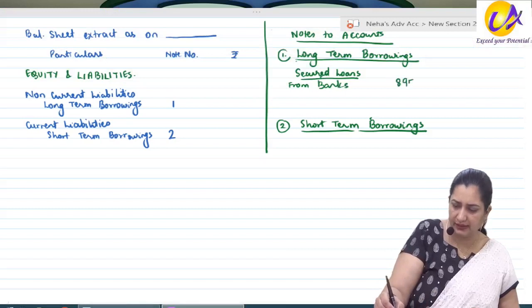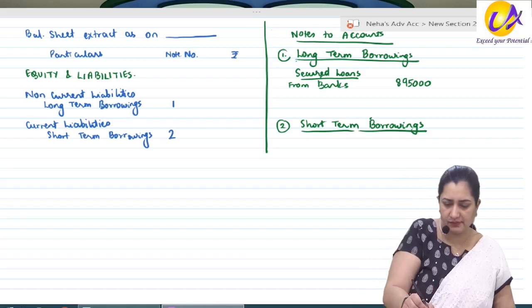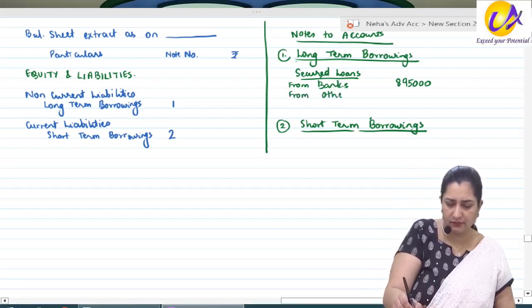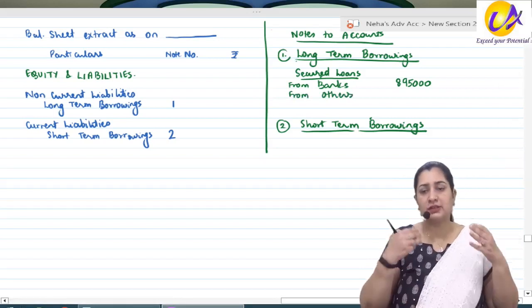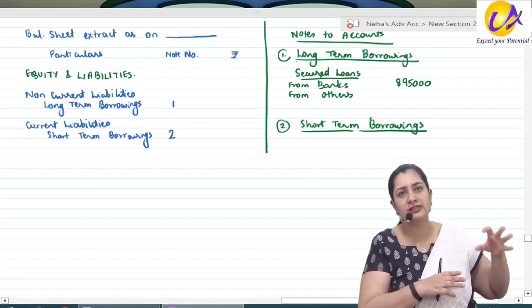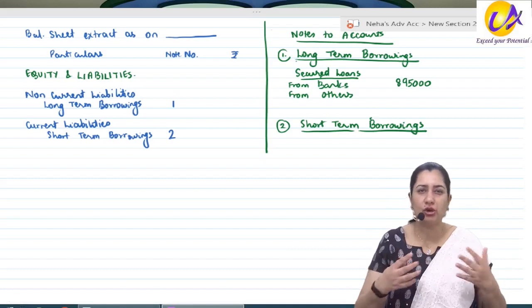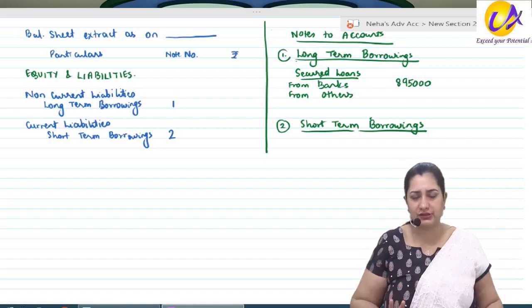Inner column 895, and from others. You have to give secured loans separately, unsecured loans separately. So we are going to see the breakup, how you have to give things. But now we are doing current non-current understanding, so we are doing it first.